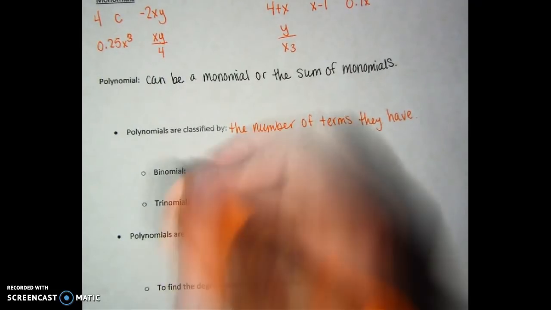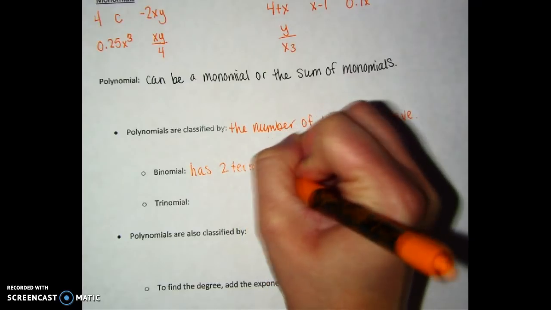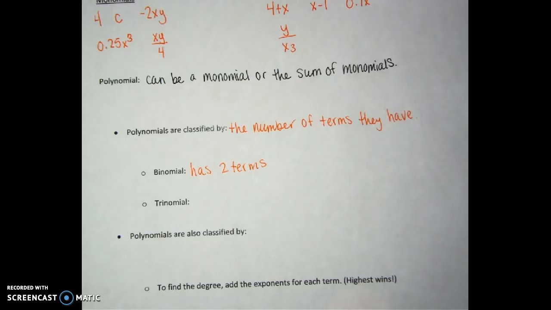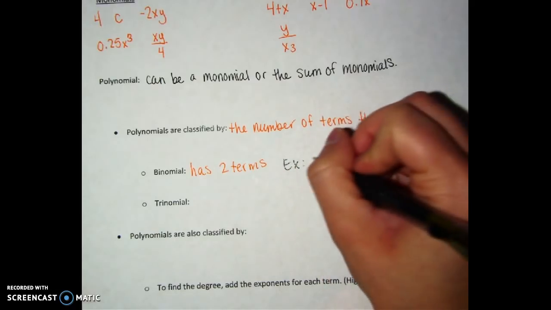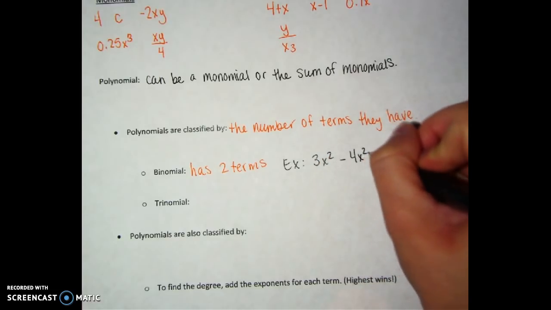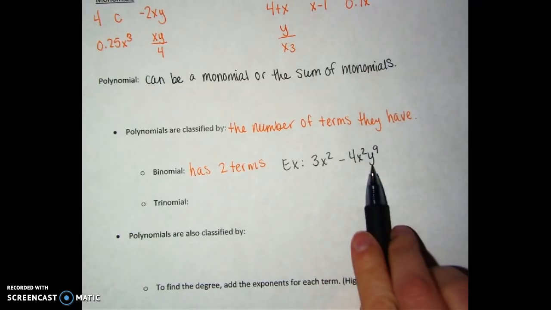So a binomial has 2 terms, and you should know that by now. An example of a binomial would be 3x squared minus 4x squared y to the 9th. Okay, that's a binomial. Here's one term, here's another term.